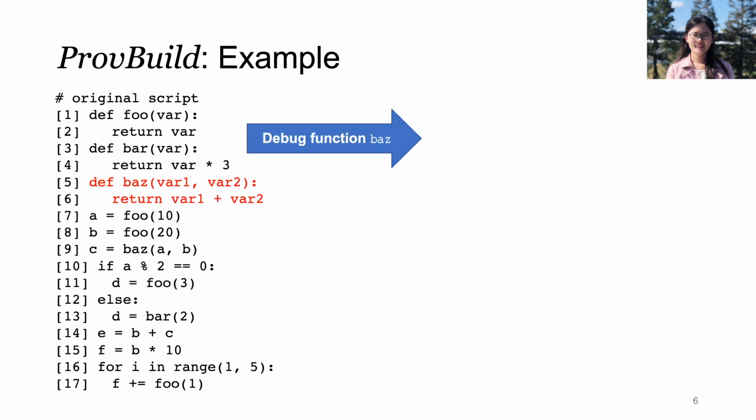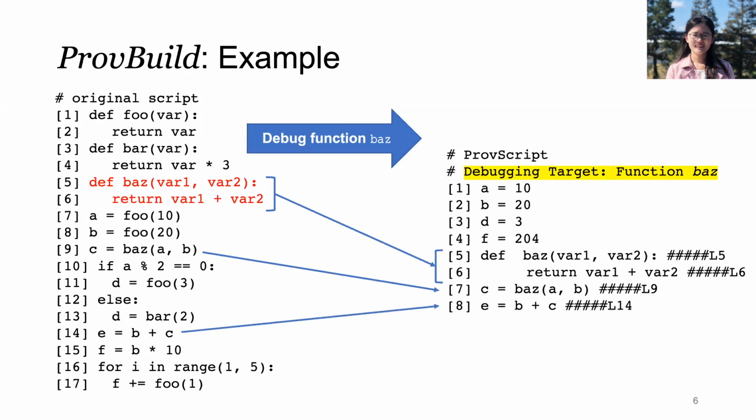We will explain it later, and analyze dependencies relevant to this target bad. Then, ProfViews generates the shortened ProfScript on the right, which only contains the definition of bad and the subsequent assignment relevant to bad, which is line 9 and 14 on the right. Other irrelevant variables are treated as constant, which is line 1 to 4 on the right.